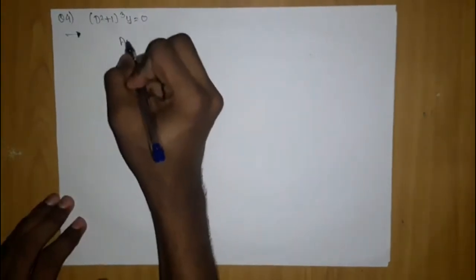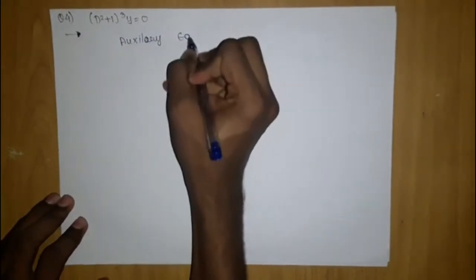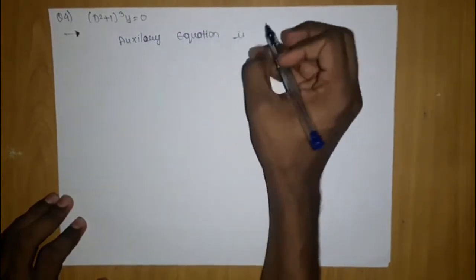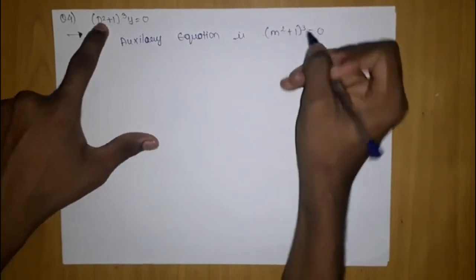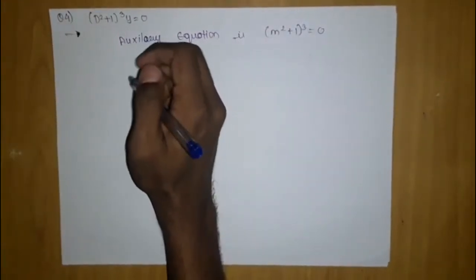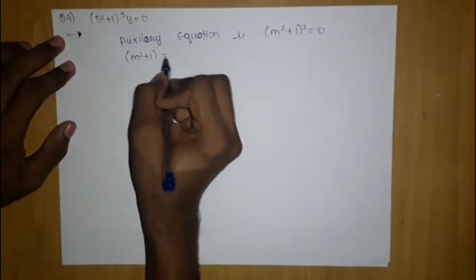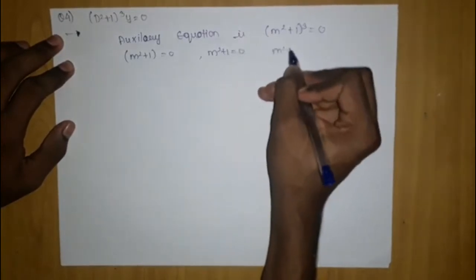The auxiliary equation is m square plus 1 the whole cube equals 0. Now if you do that, you will have three factors of m square plus 1 equal to 0.